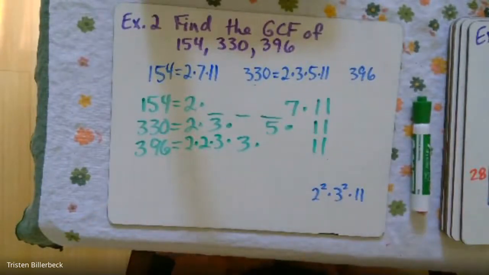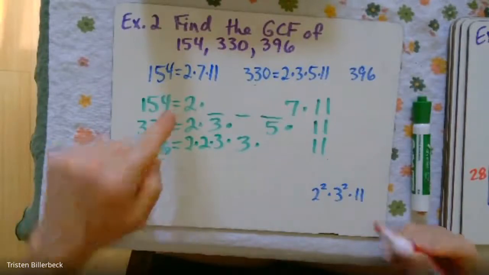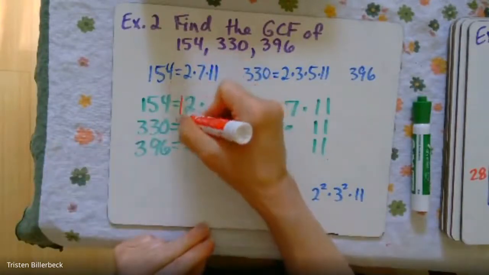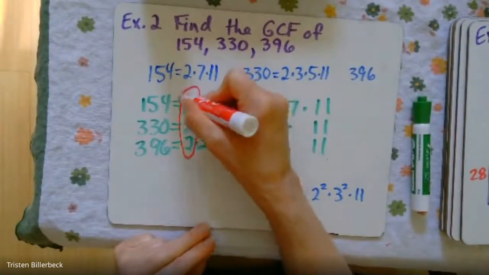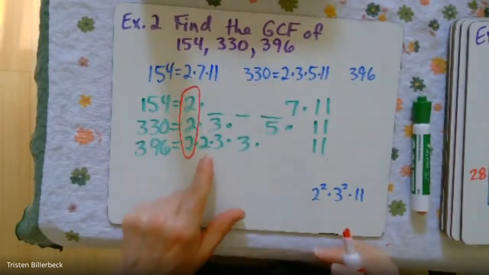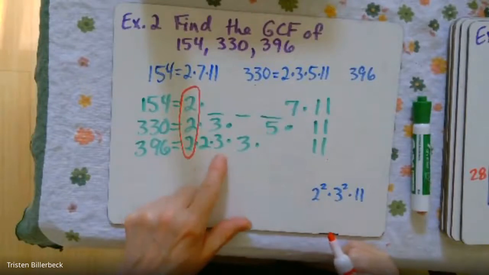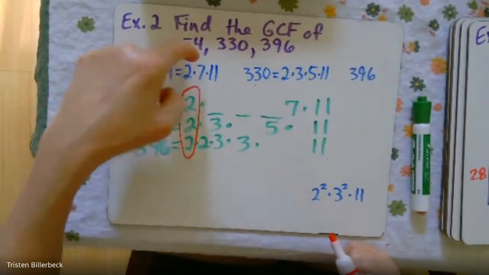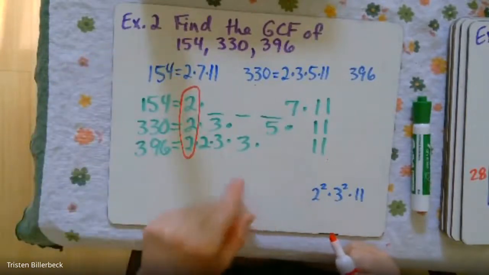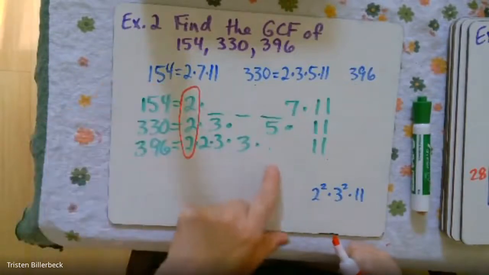Okay, so we look for what is common. They all have a 2, so we can circle the 1, 2 that they all have. They don't have 2 2's. Not all of them have 3's. 154 does not have a 3 in there. They all don't have 5's.